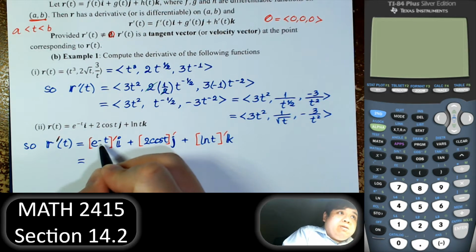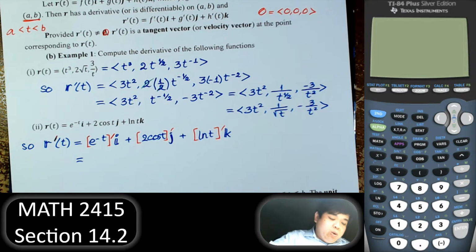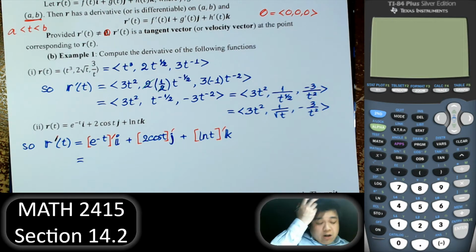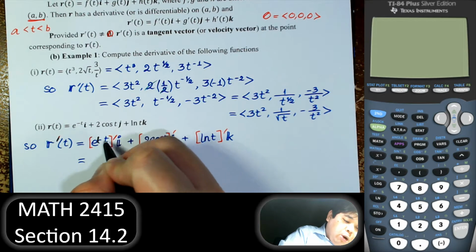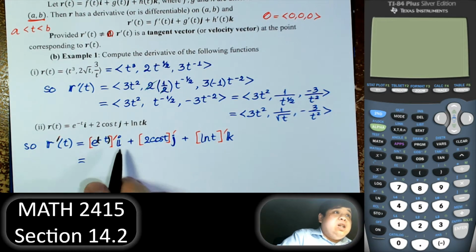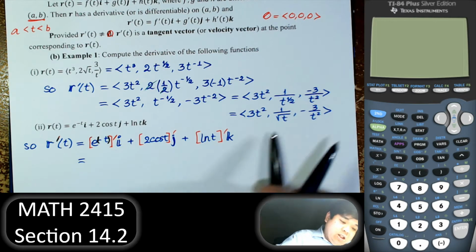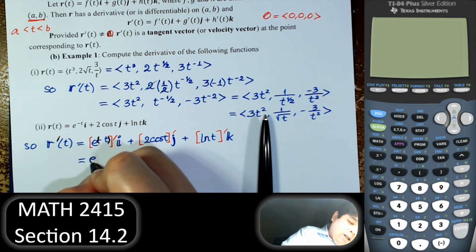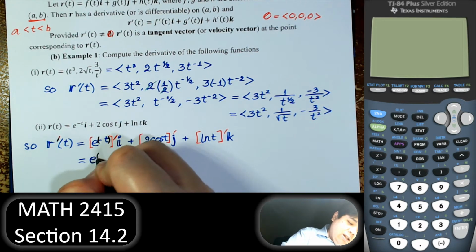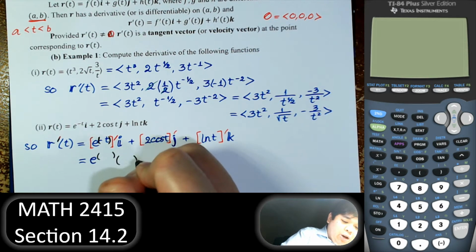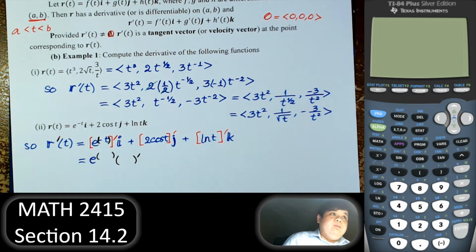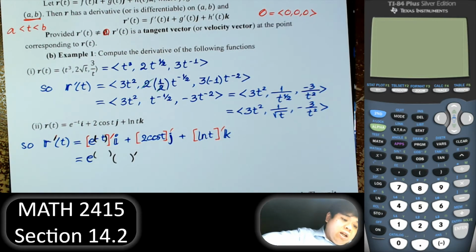The derivative of this is the chain rule. Put the parentheses here around that. e to the negative t is going to be the same thing, e to the parentheses, but we have to take the derivative of the parentheses. So that is the chain rule. It doesn't matter what is inside the parentheses.